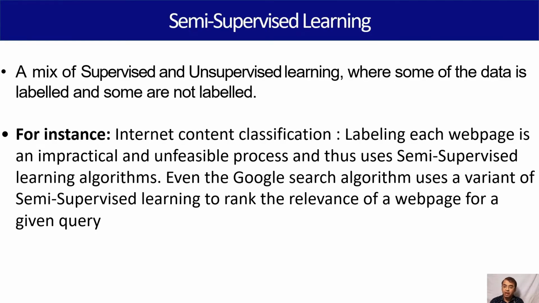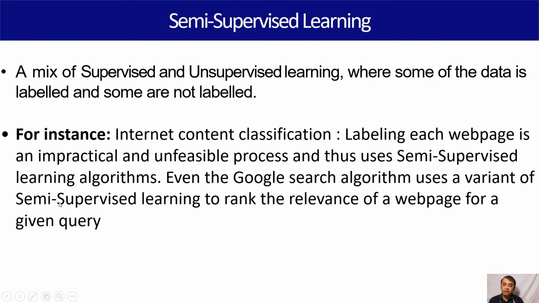Semi-supervised learning is a mix of supervised and unsupervised learning, where some of the data is labeled and some of the data is not labeled. That means some of the data is tagged with the correct output and some is not.